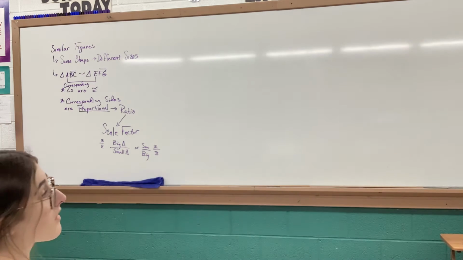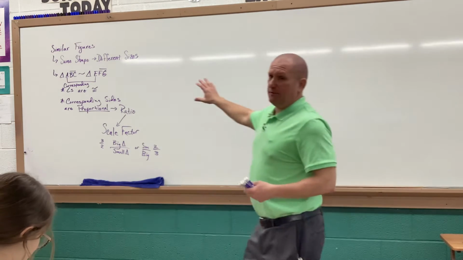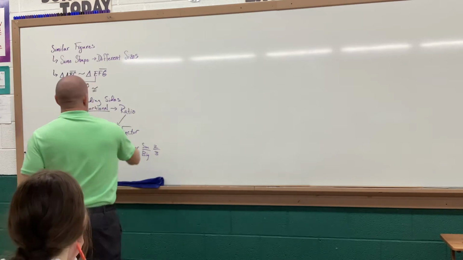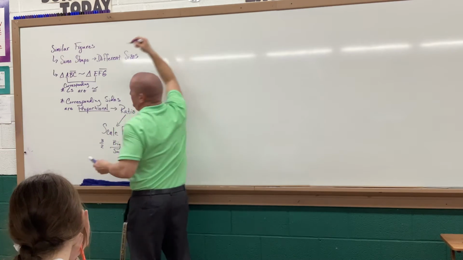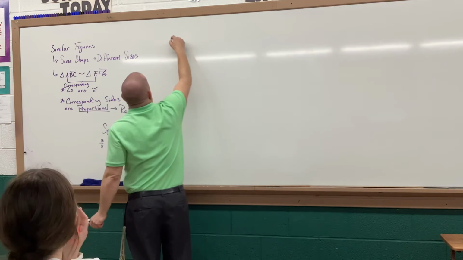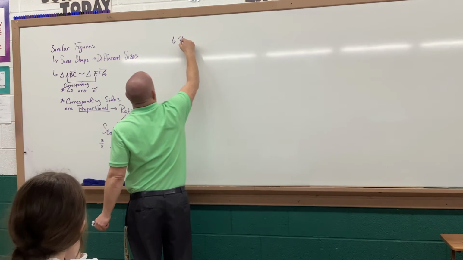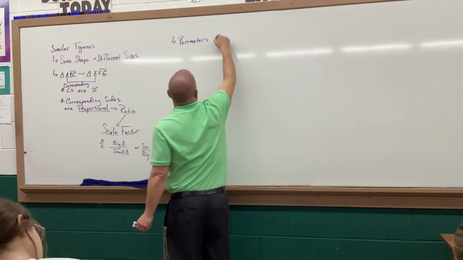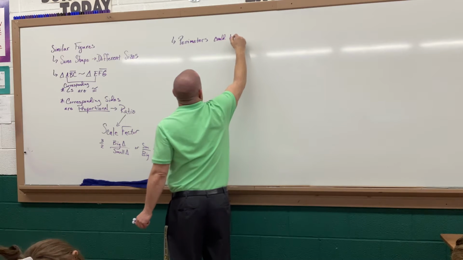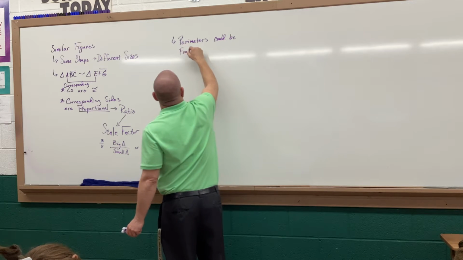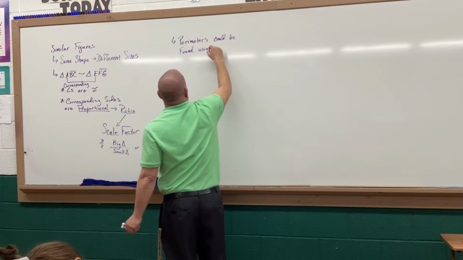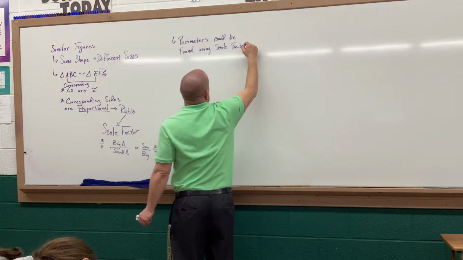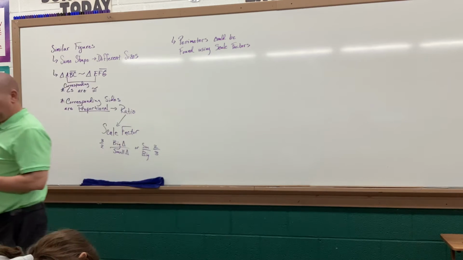Look at his face. Alright, so, are we okay with this? So when we're talking about similar figures, we're talking about the scale factor. Remember way back when, in 7.2, we said that perimeters could be found using these scale factors. Because remember, when we're talking about a perimeter, I think there was an actual test question on this.